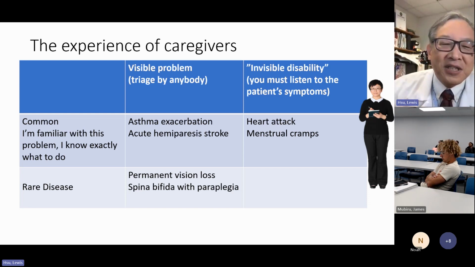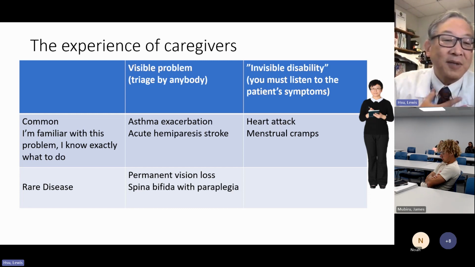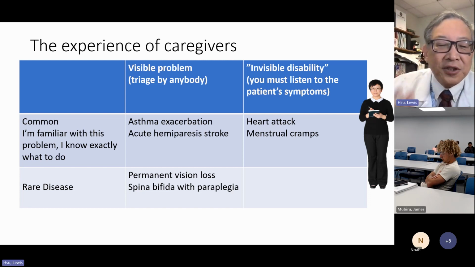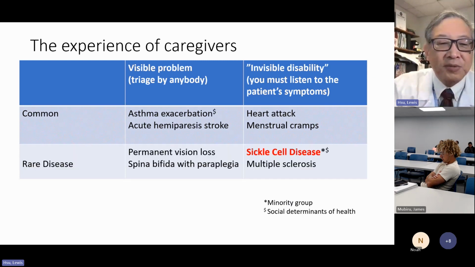Some other invisible disabilities you may have heard of would be like heart attacks. You can't see a heart attack from the outside. Menstrual cramps, menstrual issues you can't see from the outside. So you have to just explain yourself, and some people don't always want to explain. There's this other condition called multiple sclerosis.